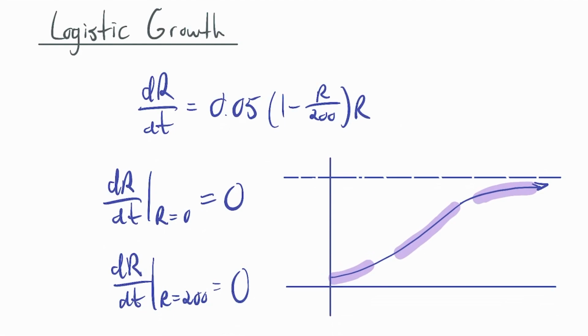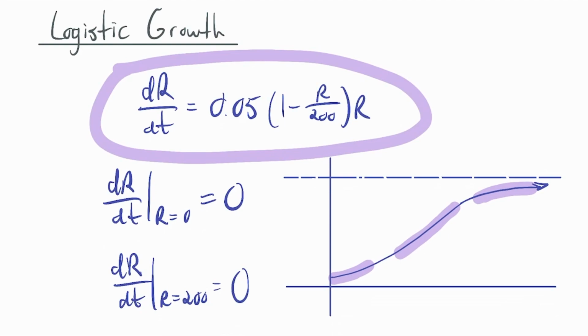But the concept here is that you can build a model, a differential equation that models what you're describing, and the different factors, the 5%, the fact that you have a maximum, the fact that 0 revenue should result in 0 growth, that you can build in these different elements.